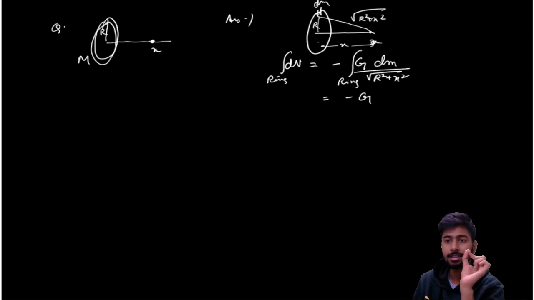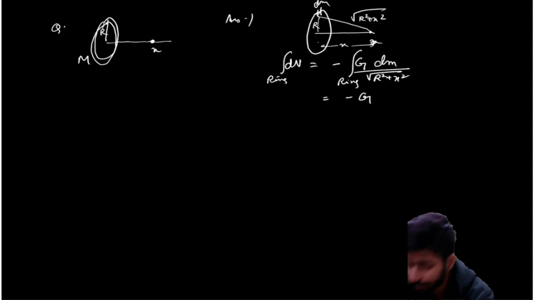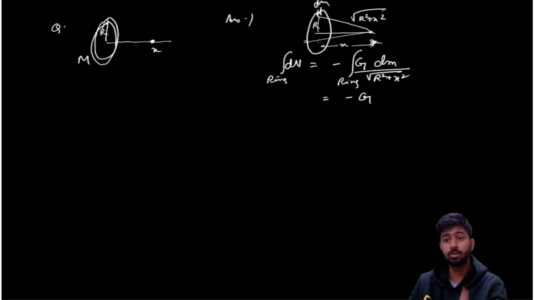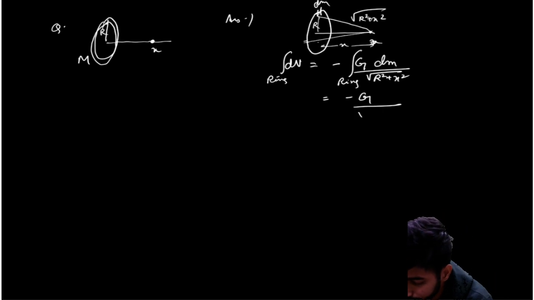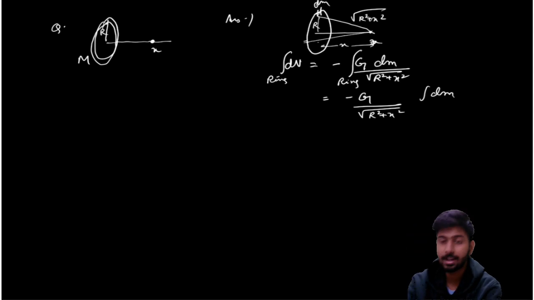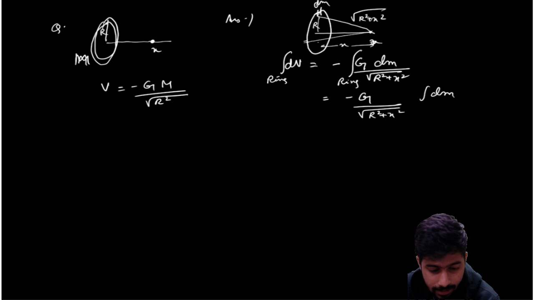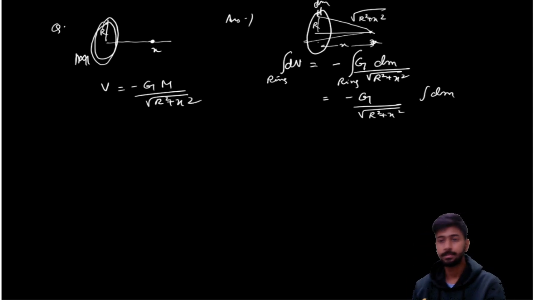Because you take any mass, it will be at the same distance, root r square plus x square, from that point. Even if I take this mass, it will be at a distance under root r square plus x square. So that also won't change. That also will come out of the integral simply. So I just have to integrate the mass, and that is nothing but the mass of the ring, right? That's why this problem was quite simple. So it's minus GM by under root r square plus x square. Simply this. This was the problem.